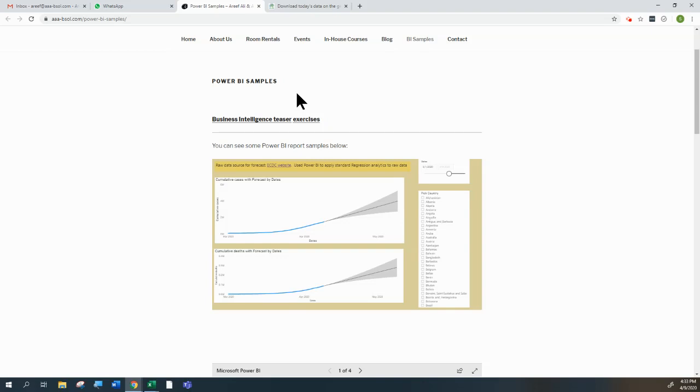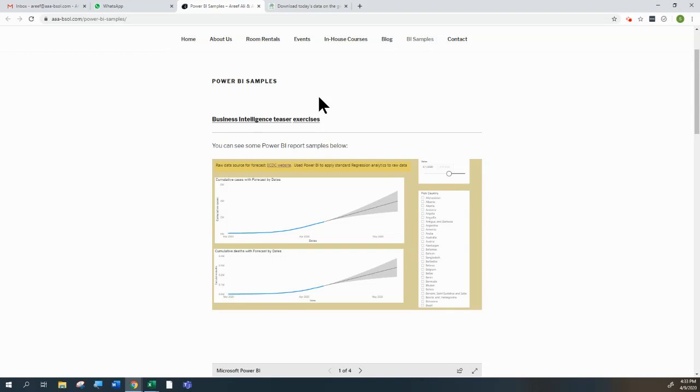So what I did is I was able to do the projections using a regression model in Power BI. And also, I looked at the growth rates from inception on a daily basis and built a model for that in Power BI.